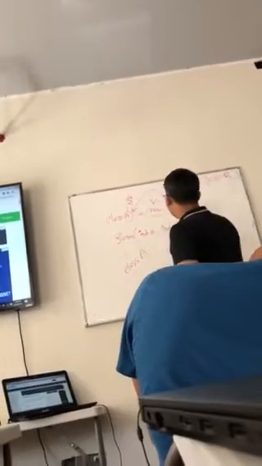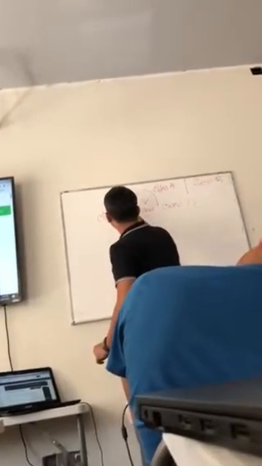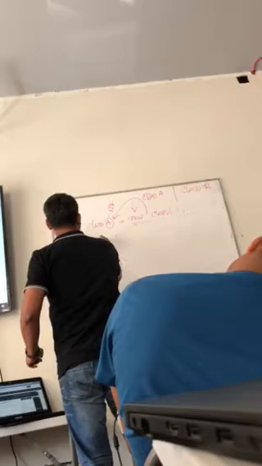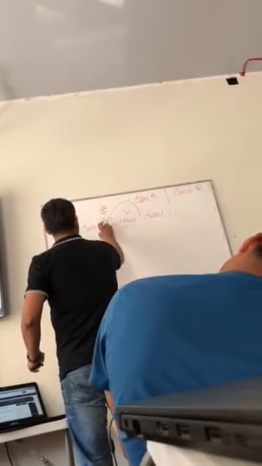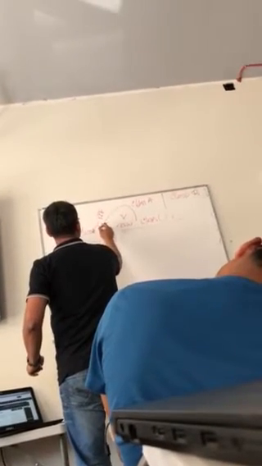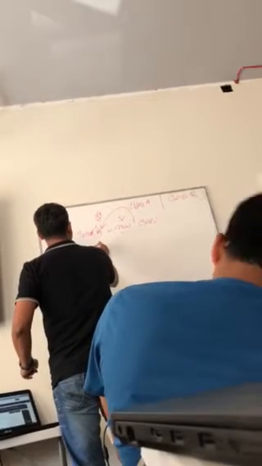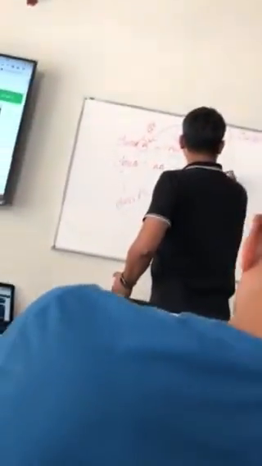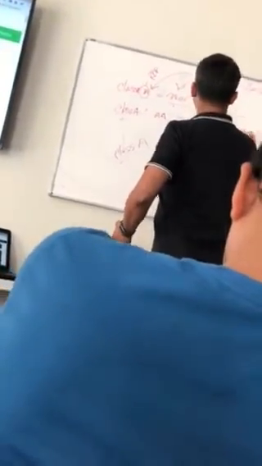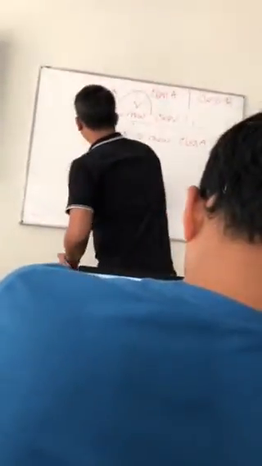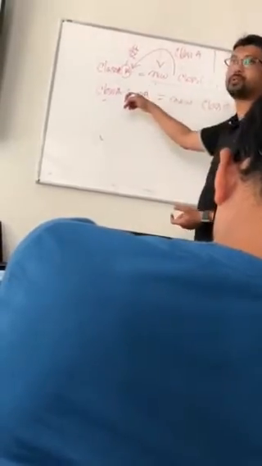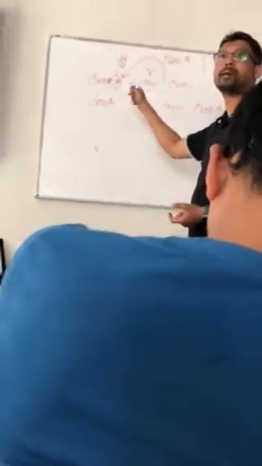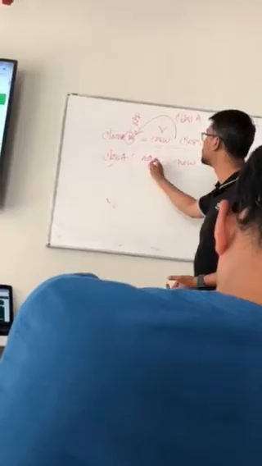If I do something like class A, object name AA, equals new class A, that's another object. But what kind of object is this? A class A type object. I can access all the methods from class A using this object, right?